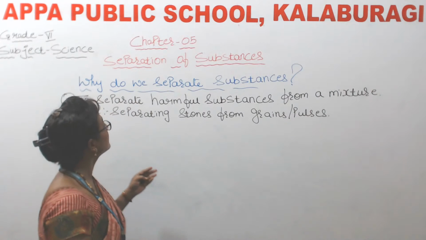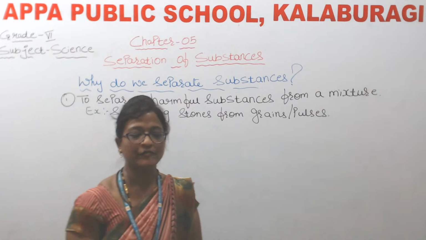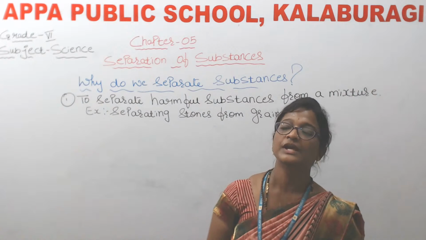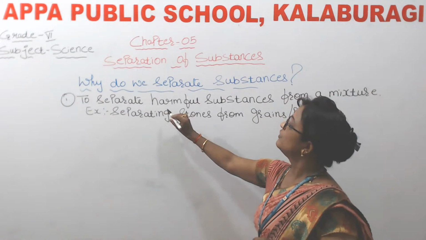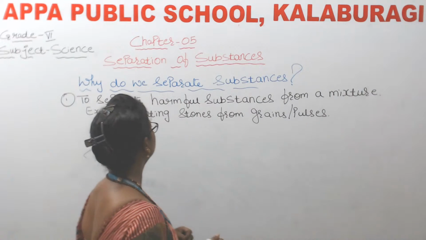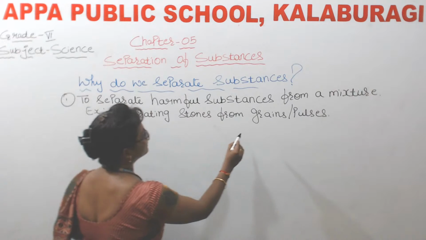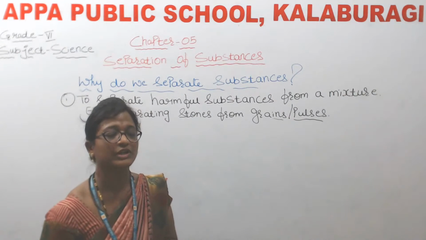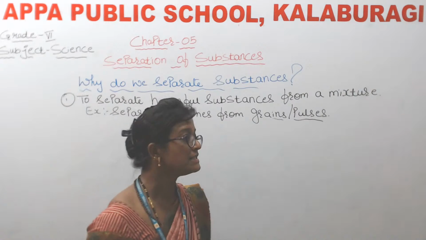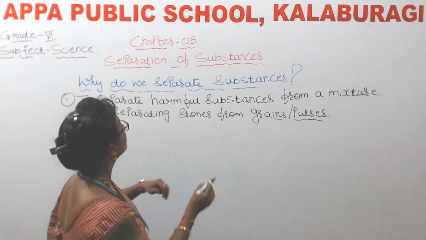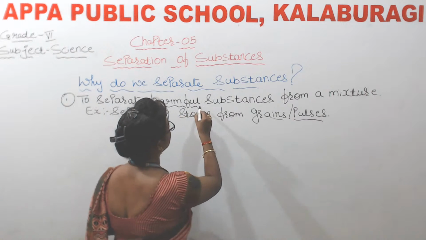Okay, so the first thing is like why do we separate substances? The first thing is that to separate harmful substances. Okay, so now where do we find these harmful substances in a mixture? Yes, we may find in grains and pulses. We may find small stones or even sometimes dust particles we find in grains or pulses which are harmful, isn't it?